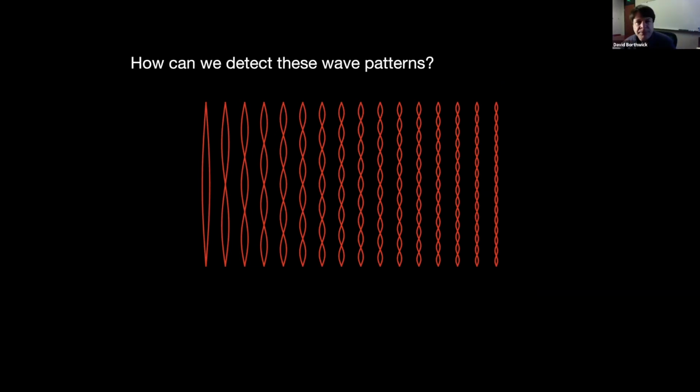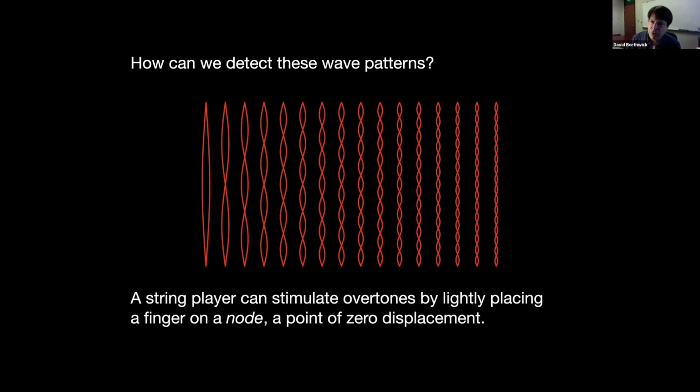So you might wonder how we know that those are the wave patterns corresponding to the overtones. And that's actually possible because we can play the individual overtones by singling out certain patterns using our finger. So, for example, if we want the first overtone pattern, we can block out the fundamental note.